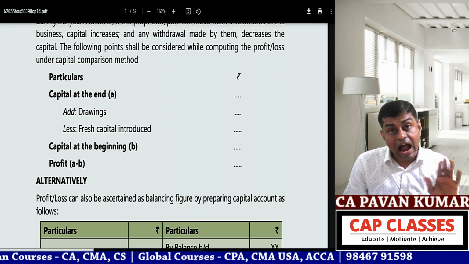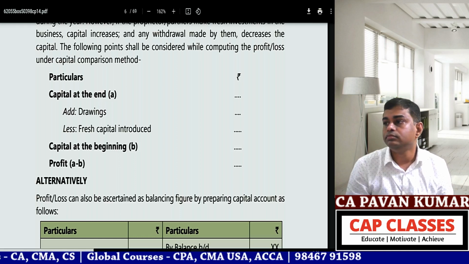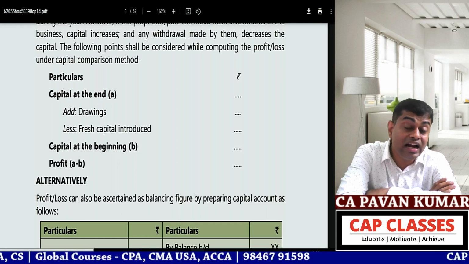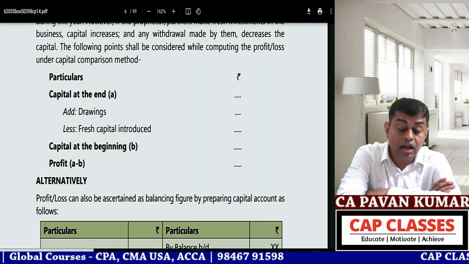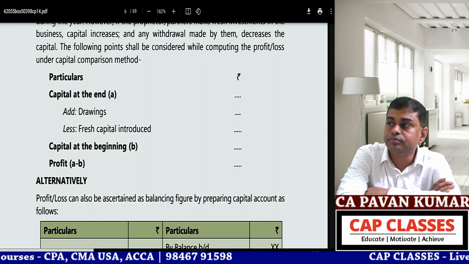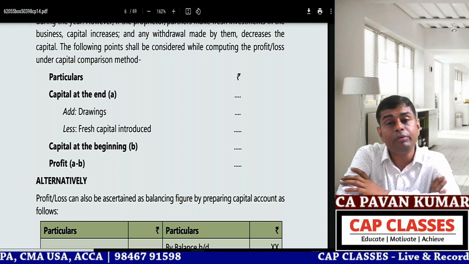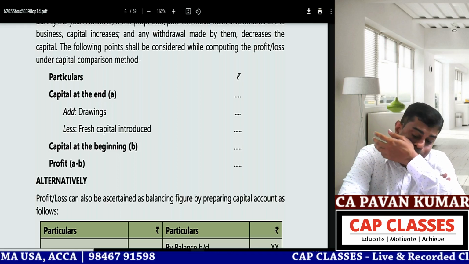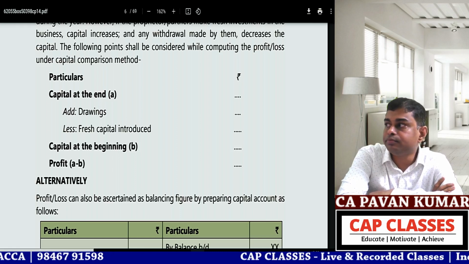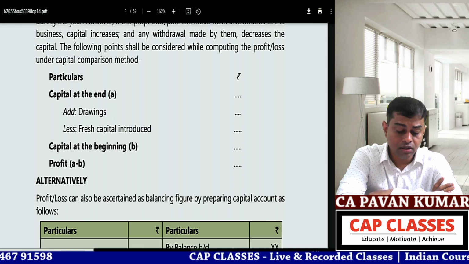To that, add drawings, less additional capital introduced. First one is A, capital at the end. To that, add back drawings, subtract additional capital introduced. Then B, capital at the beginning, opening capital employed. Then the difference between the two is profit. That's all. Difference between the two is profit.